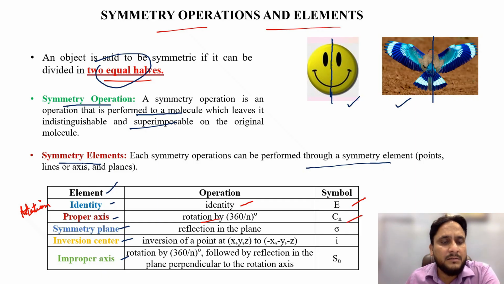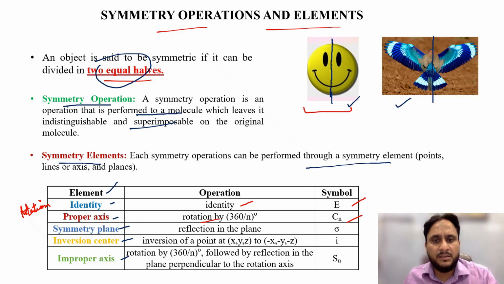Then the third element of symmetry is the symmetry plane. Symmetry plane is basically a reflection plane, or I should say it is a plane that divides a molecule into two equal halves, just like in case of this object, where with the help of a plane we can divide it into two halves.